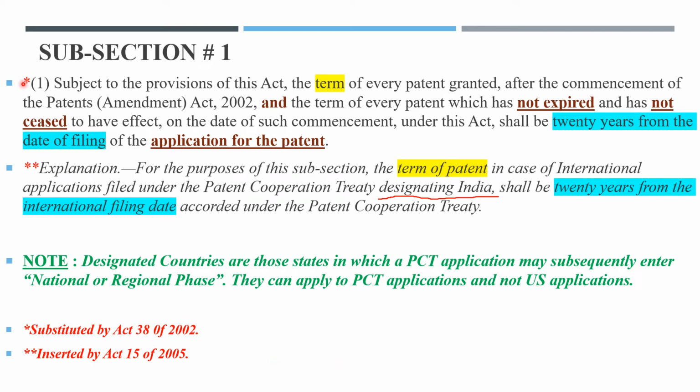Here, friends, for the 1 star mark you can see that this subsection as a whole is substituted by Act 38 of the Patents Amendment Act 2002, and this explanation as a whole is inserted by Act 15 of the Patents Amendment Act 2005. So I think it is now crystal clear what will be the term of an effective patent. Fine.